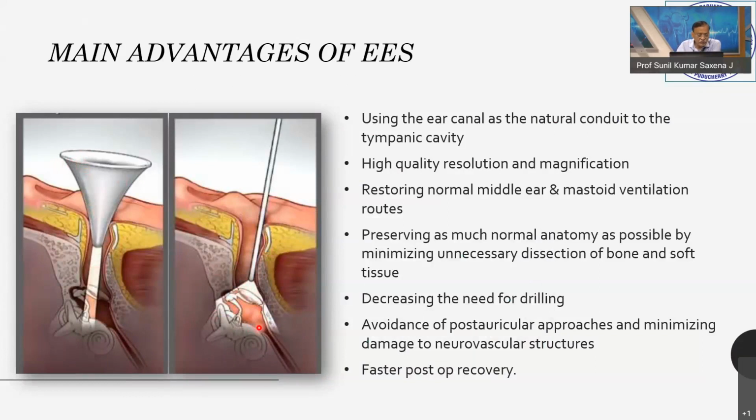Second, you can see hidden areas like the sinus tympani, facial recess, and hypotympanum, which you can't see with the microscope. Third, no incision is needed, there is minimal damage to neurovascular structures, and faster post-op recovery. We restore the normal middle ear anatomy and mastoid ventilation and decrease the need for drilling.